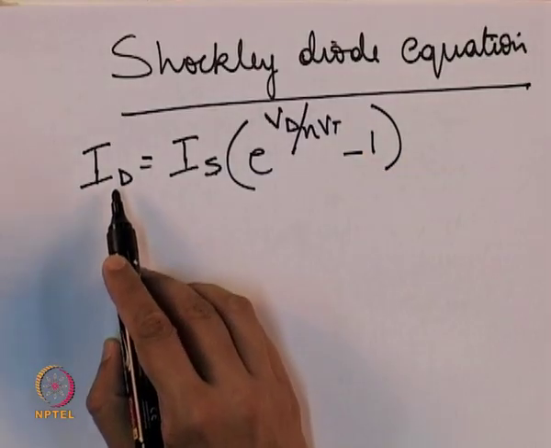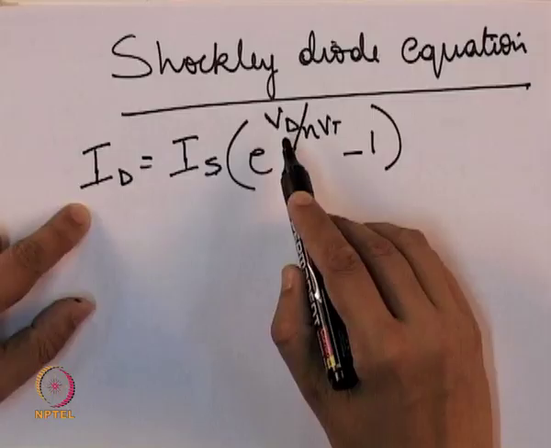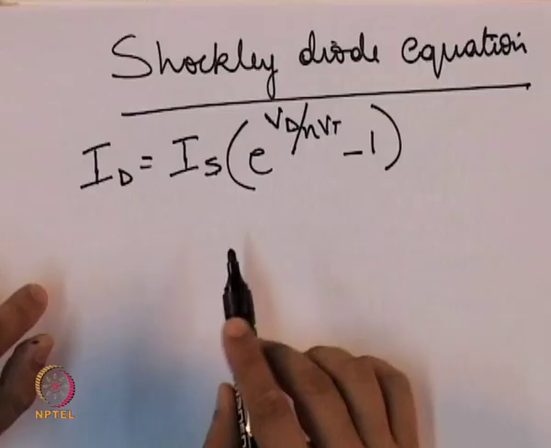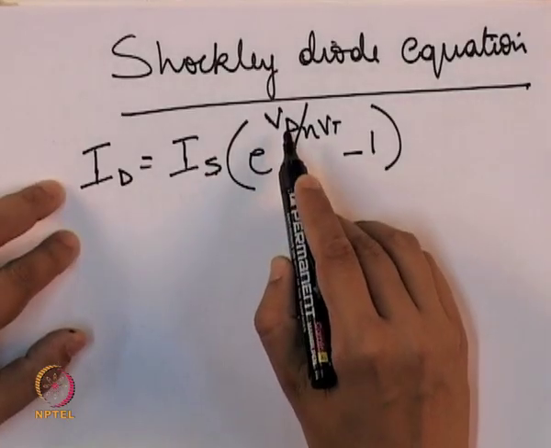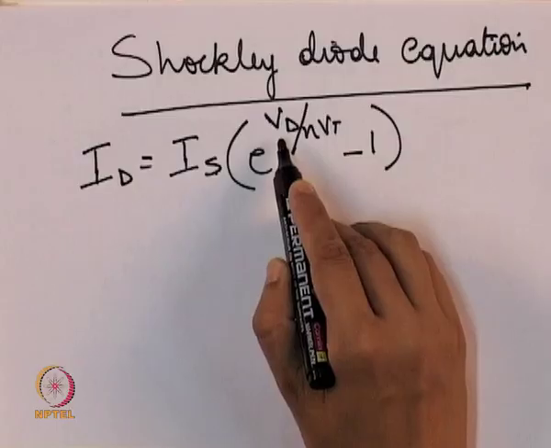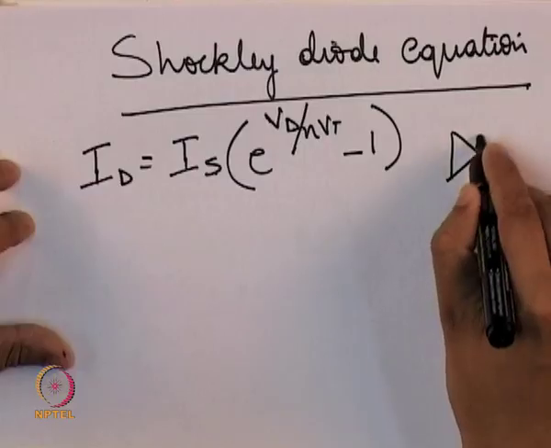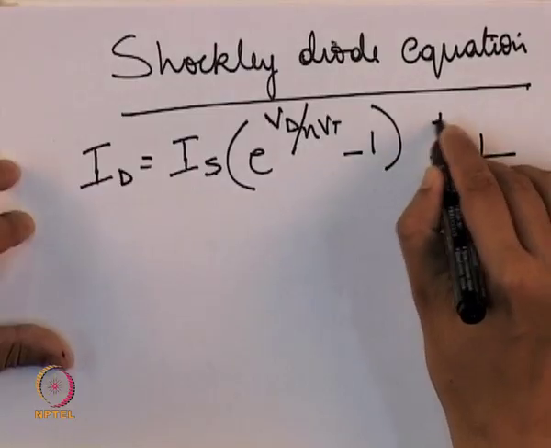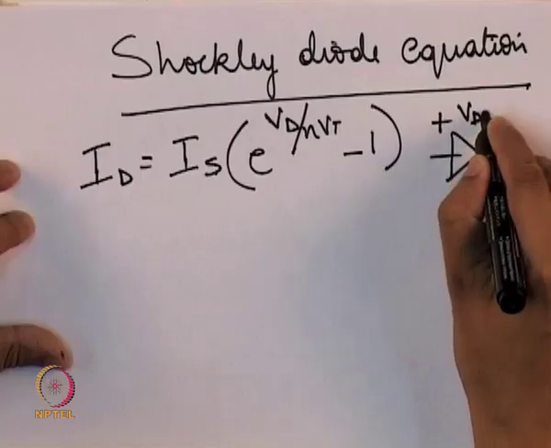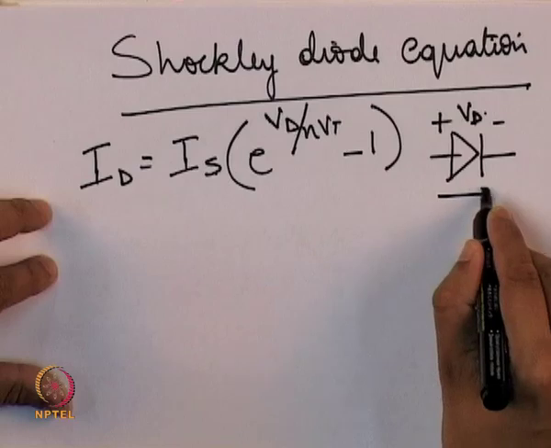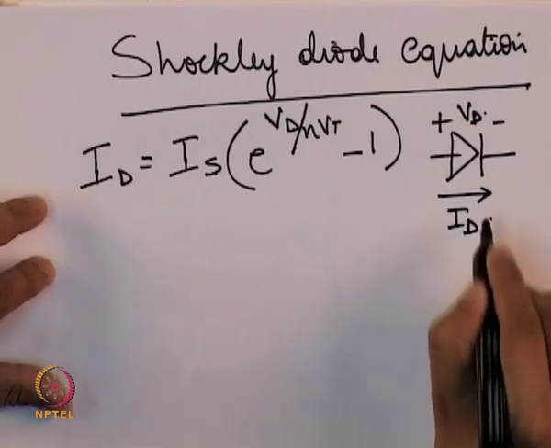Now, here this is the DC component and this is also the DC component of the voltage. What this equation gives is that suppose the voltage across the terminals of a diode is kept at Vd, okay, then what will be the Id that is flowing through it.